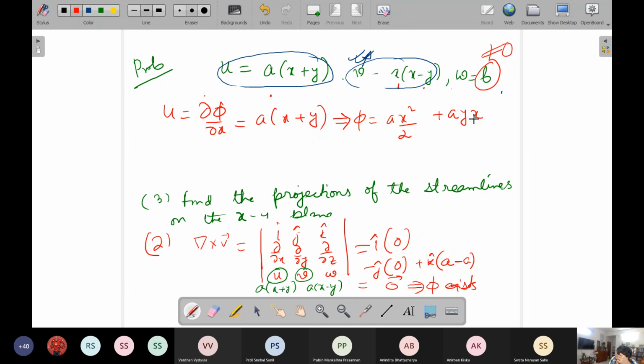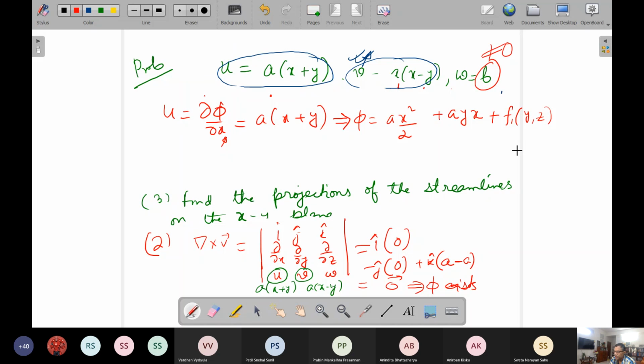For the second term, y is like a constant, and you will have something like a constant of integration. When you are differentiating with respect to x partially, any function of y and z is like a constant.